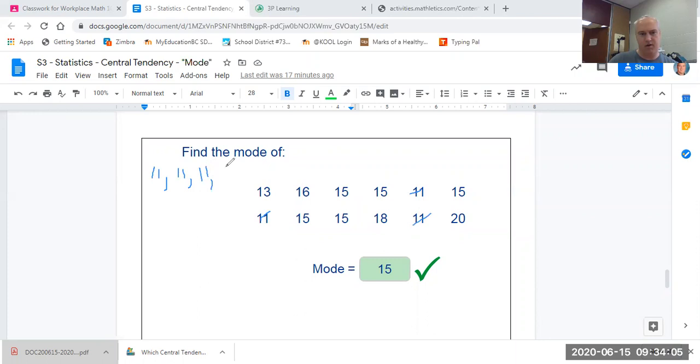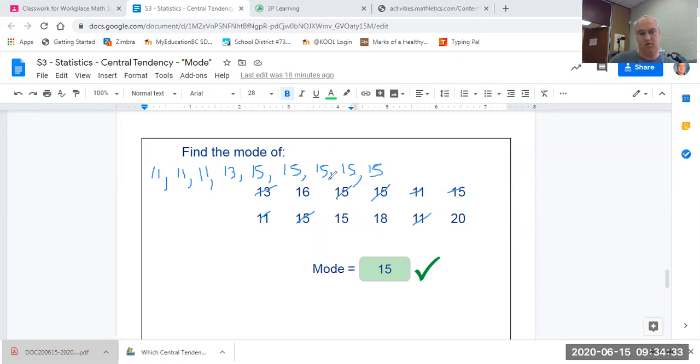Then I have a 13. Don't have any other 13s, but then I have a bunch of 15s. So I have a 15 here, another 15 here, another 15 here, another 15 here, another 15 here.